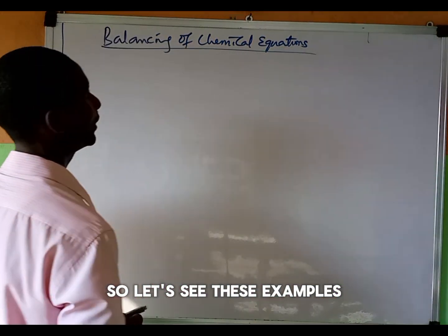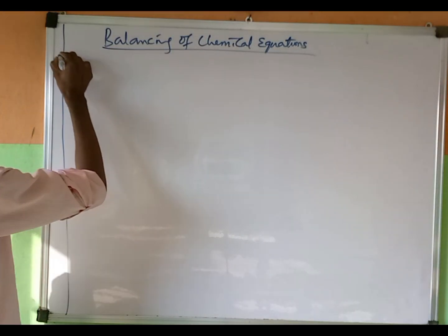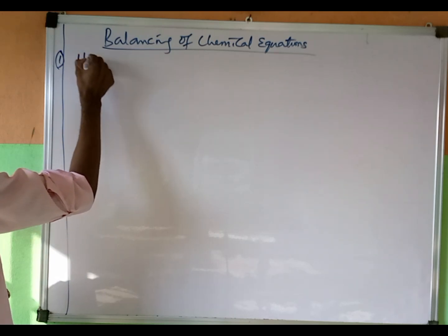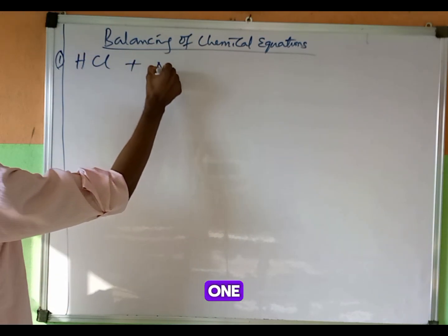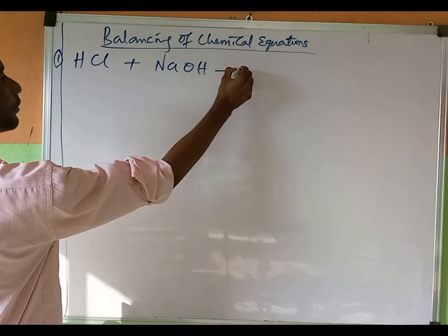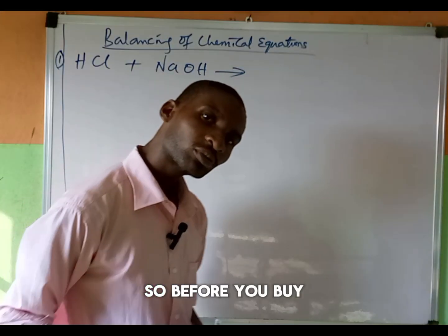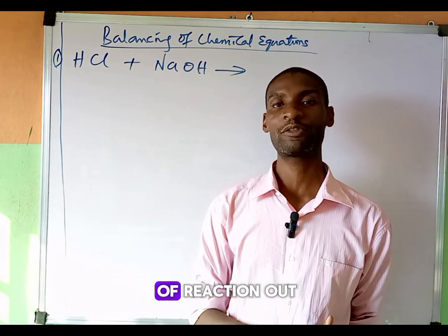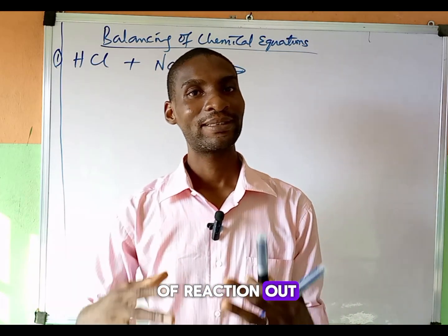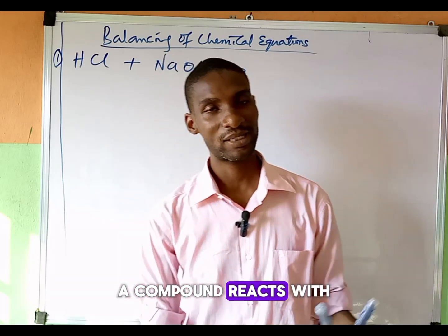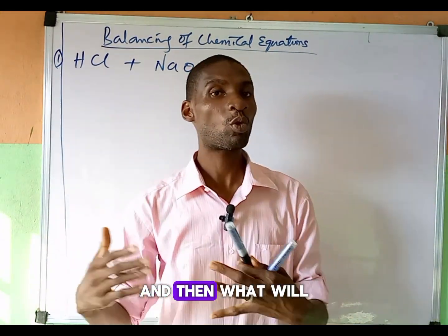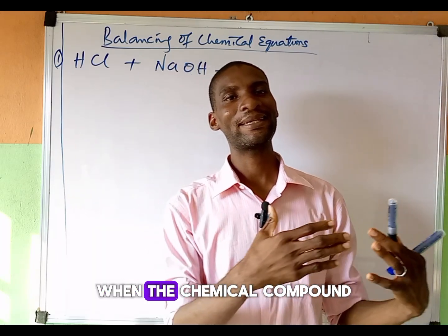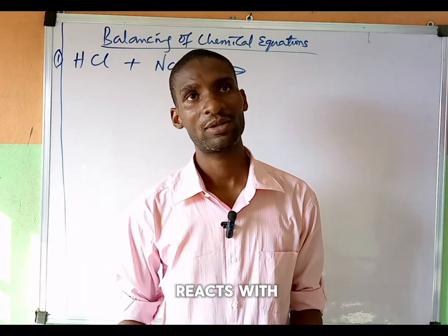So let's see these examples. Number one, if you are asked to balance HCl plus sodium hydroxide. Before you balance an equation, it's important to understand the mechanism of reaction, how a compound reacts with another compound, and what kind of product will be formed when a chemical compound reacts with another compound.